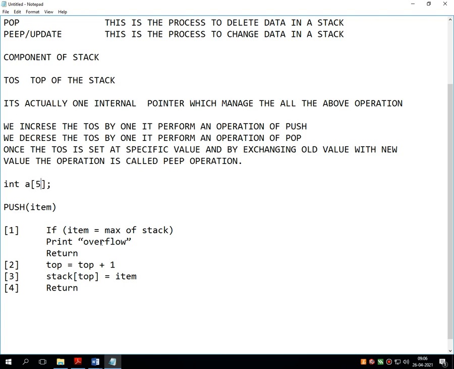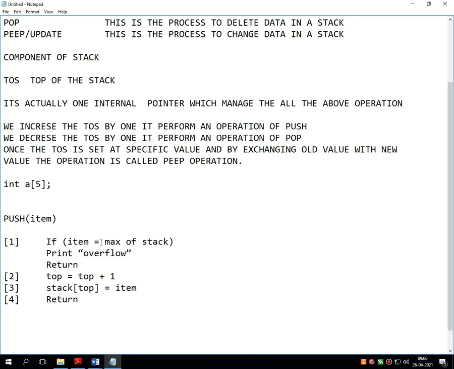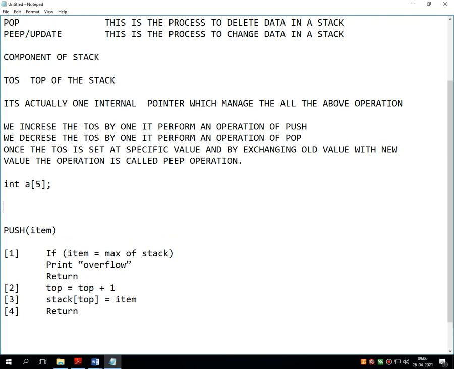Suppose I am replacing this 10 with 5. Now this particular array can store 5 numbers, any 5 numbers. Say for example I am entering 2, 0, 5, 1 and 4. In total there are 5 numbers, and suppose then I am trying to store a sixth number, 9.